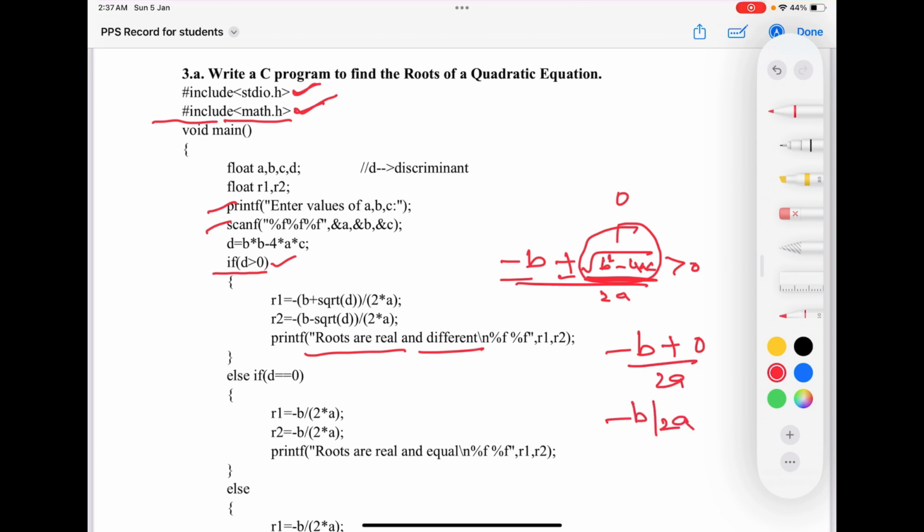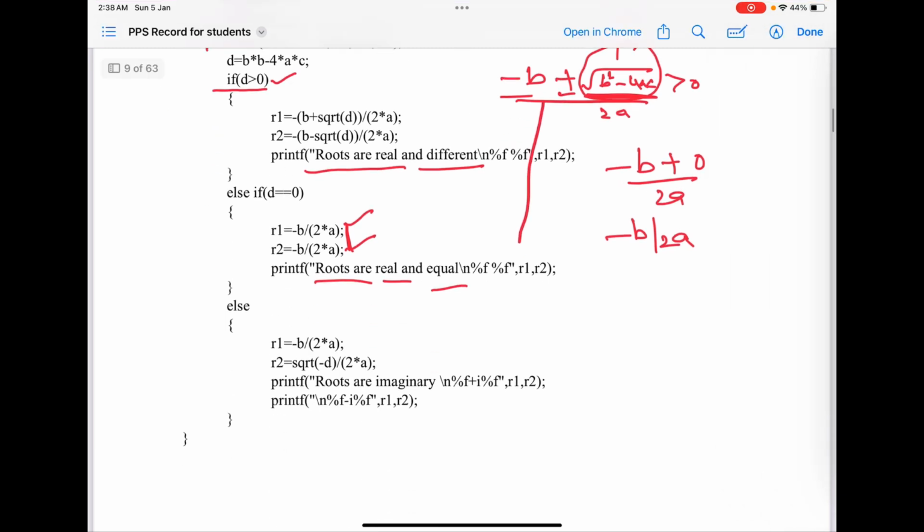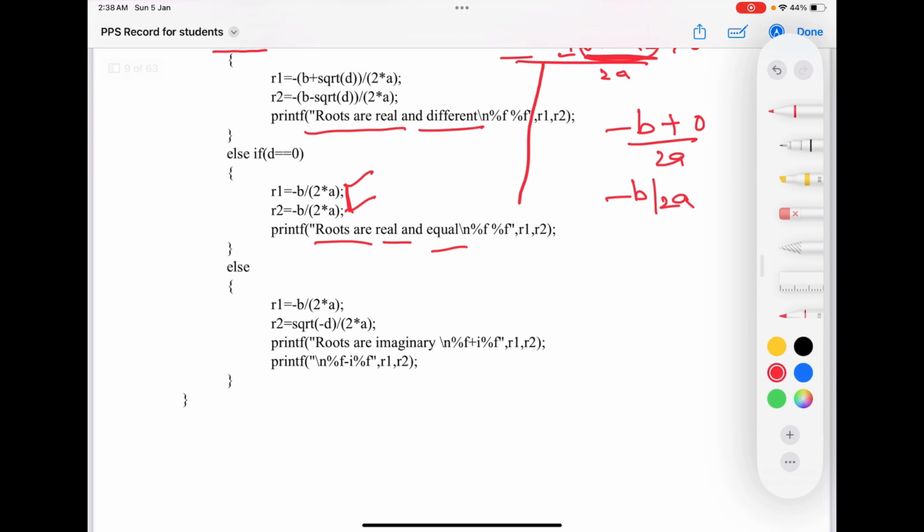In this case both roots are the same, which means roots are real and equal. The other case is the else case: r1 is equal to minus b by 2a, r2 is equal to square root of minus d by 2a. In this case, roots are imaginary.